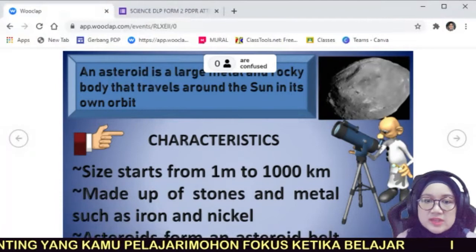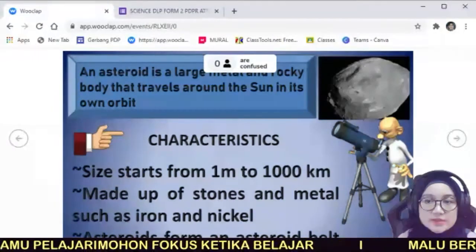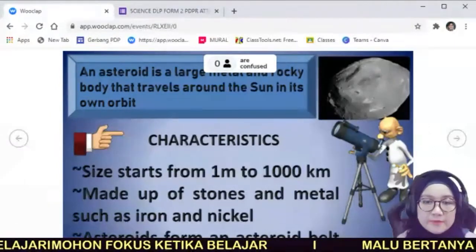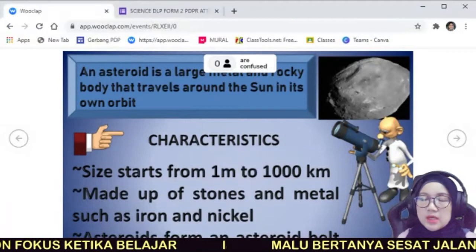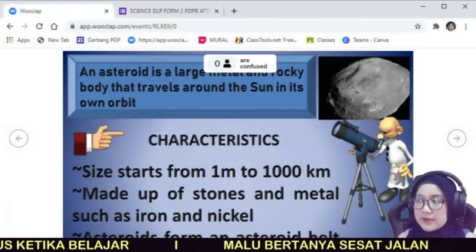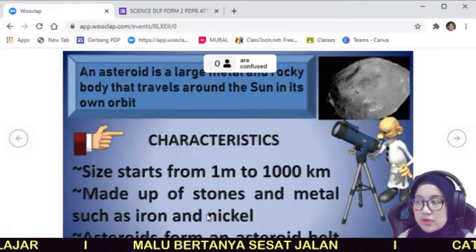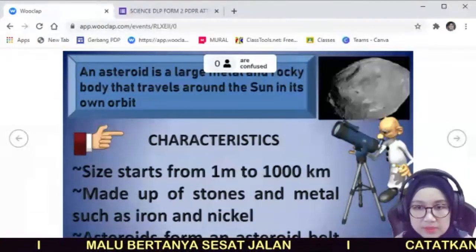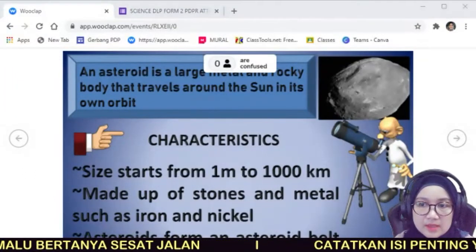The belt is made of iron and nickel, but not every belt is made up of iron and nickel. The only planets whose belt is made of asteroids are Mars and Jupiter, not Saturn. Okay, next.